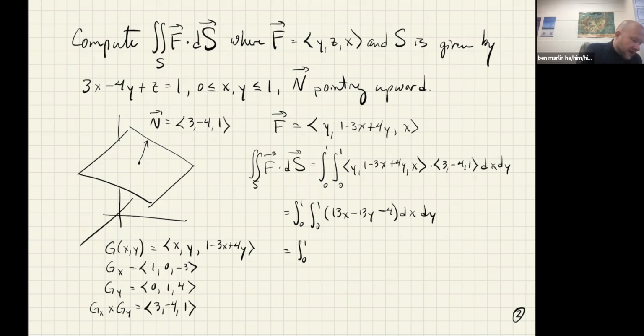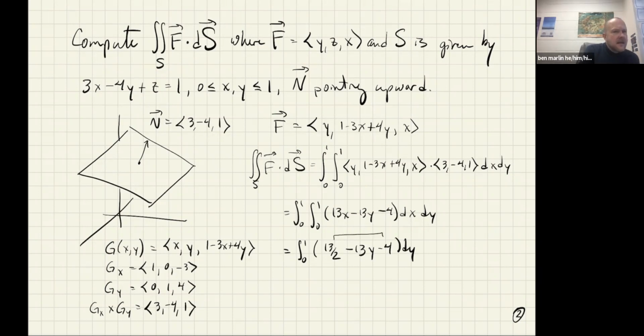That 13x with respect to x is going to end up being 13 halves x squared, and then you evaluate 0 to 1, so we will end up with a 13 halves out of that, minus a 13xy, x going 0 to 1, and then a minus 4x, the x going 0 to 1, and then we'll have that reduced there.